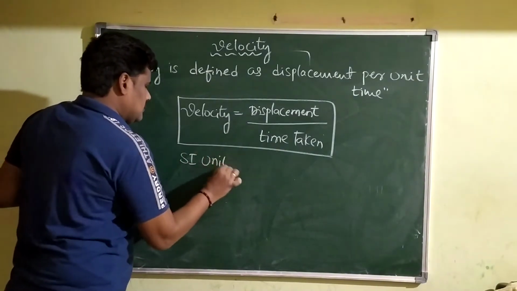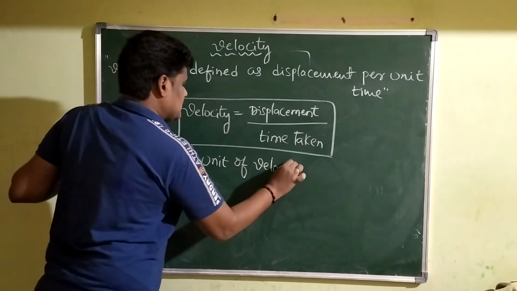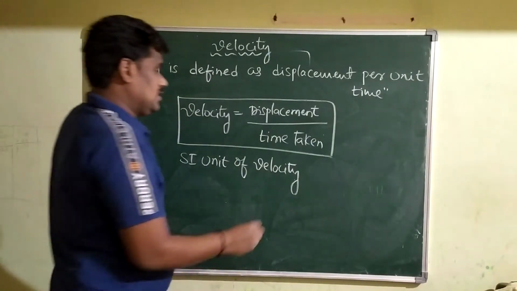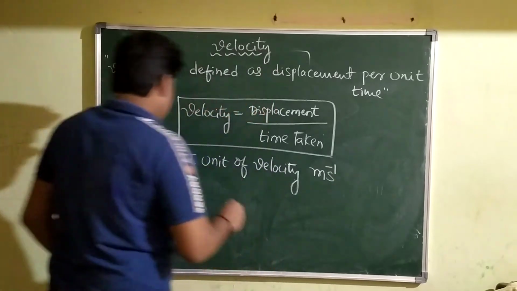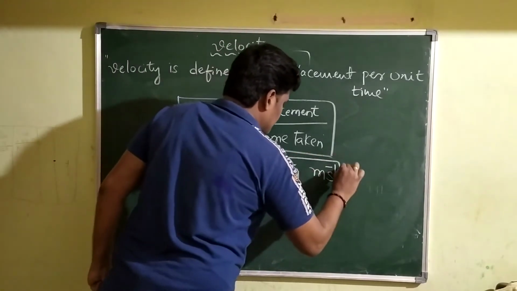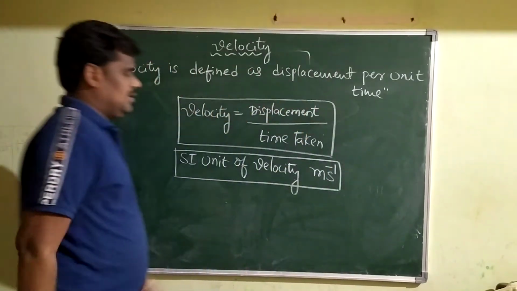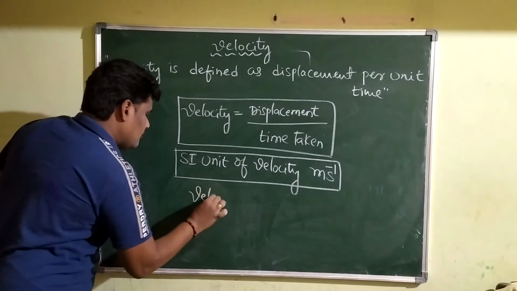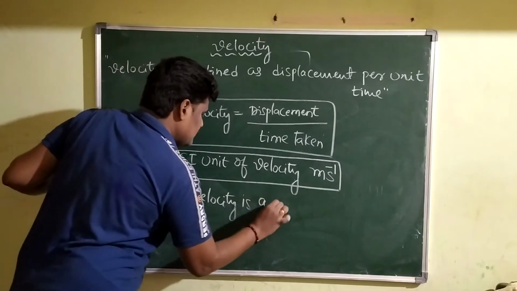Will you tell me what is the SI unit of velocity? The SI unit of velocity is meter per second. Okay, SI unit. And velocity is which physical quantity?